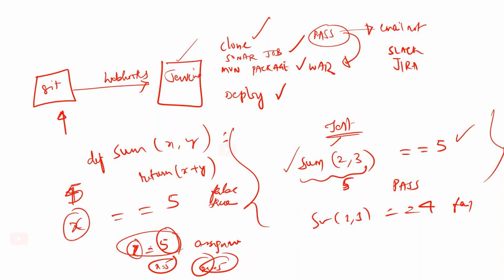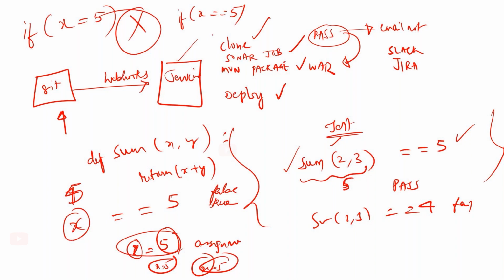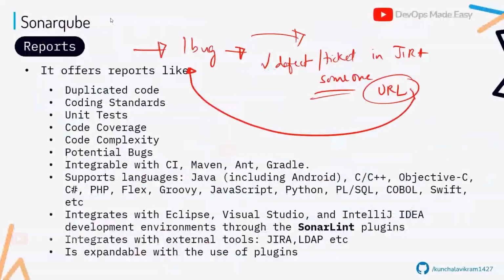If somewhere I've used that for comparison, this is wrong. SonarQube can detect these kinds of errors also. So running test cases is not what SonarQube does. SonarQube is to scan the code.